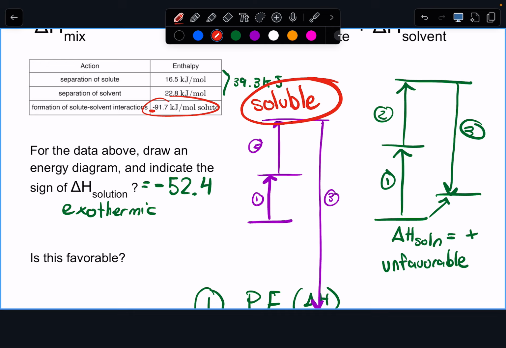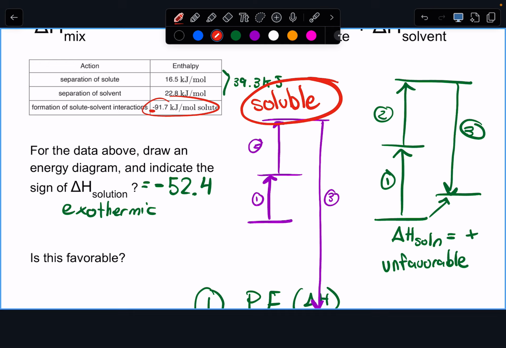So if a solute-solvent interaction is exothermic, even if it's only slightly exothermic, it will occur. If it's slightly endothermic, even though that's unfavorable, it will also occur.